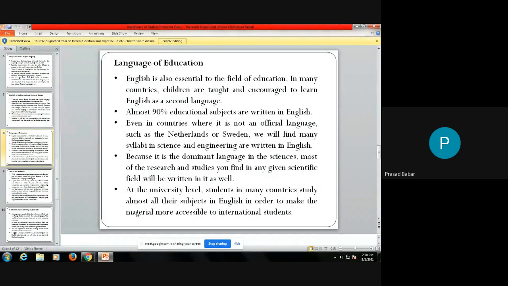So if someone has good English communication skills, he can sustain or remain in the competition of this world. So that is why it is made the language of education. Understanding? So this is the language of education.